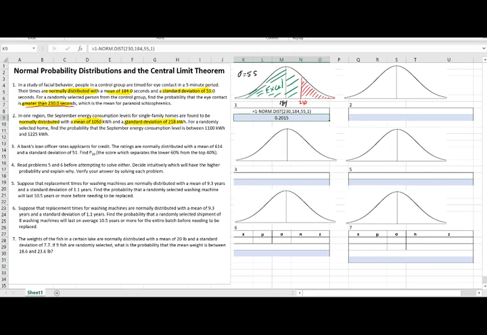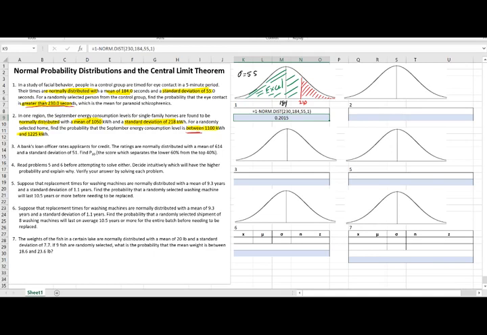For a randomly selected home, find the probability that the September energy consumption level is between, that's important, between 1100 and 1225 kilowatt hours. Now, the keyword here is between.